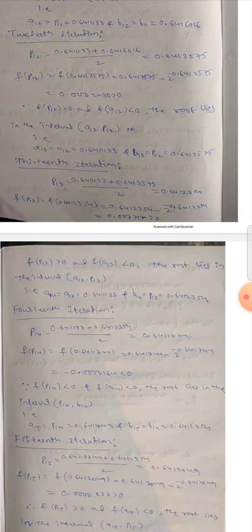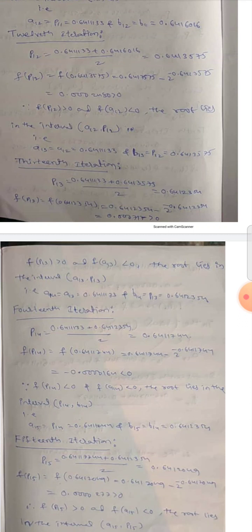14th iteration. P14 is equal to 0.641133 plus 0.641235 by 2 is equal to 0.6411744. f of P14 is equal to minus 0.40164, less than 0.